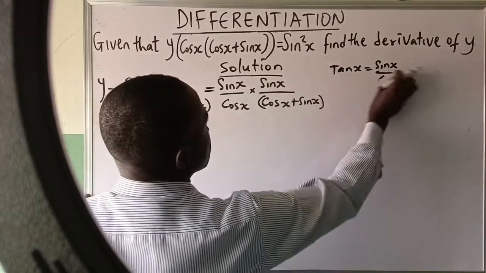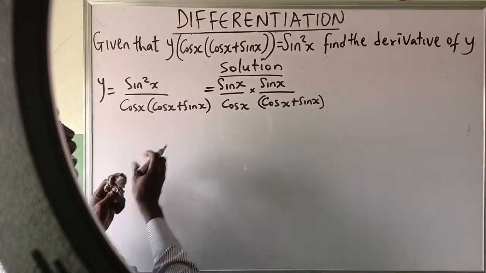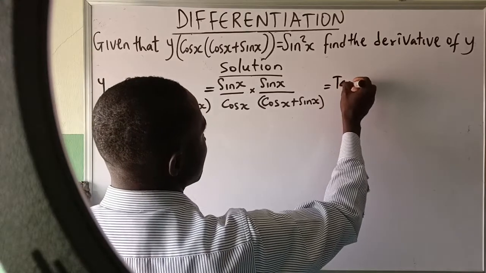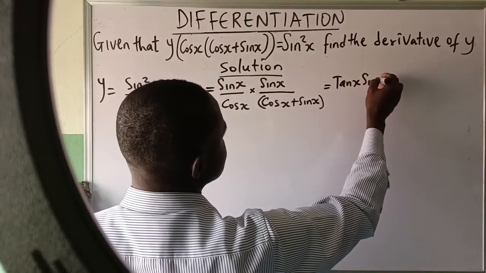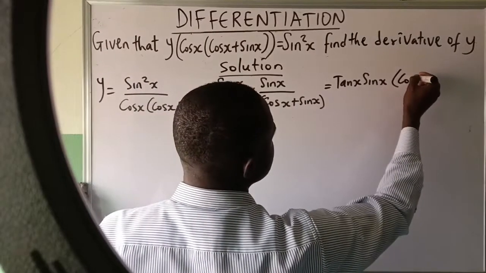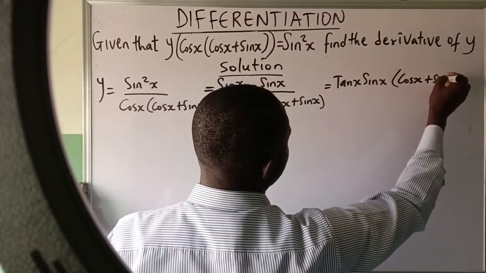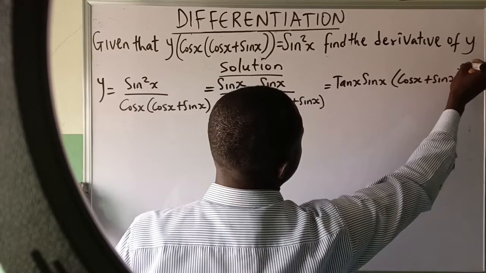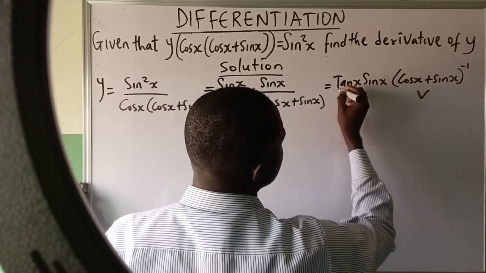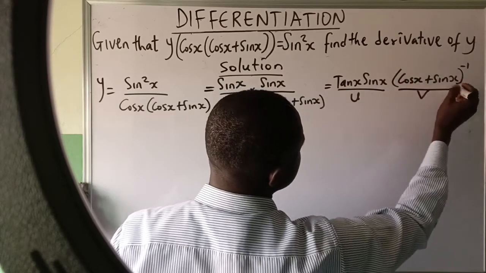So we now say that this is equivalent to tan x sine x. Now carry this up, (cos x plus sine x) raised to the power of minus 1. We'll call this your u and call this your v.